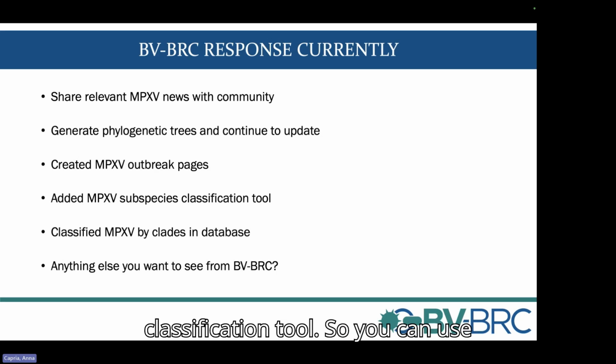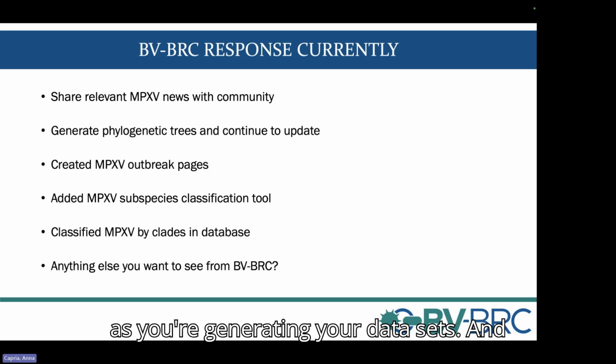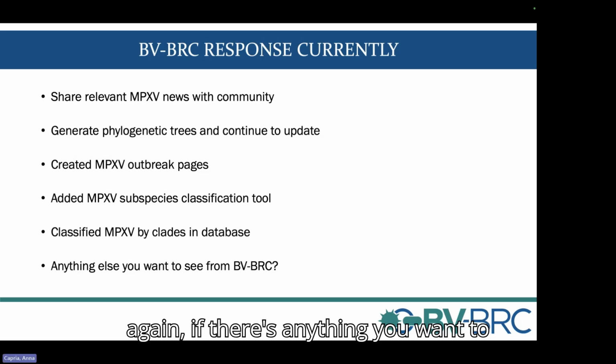So you can use that tool to analyze any sequence that you have to get that clade designation. And then we classified all of the data in the BV-BRC so you can discern that as you're generating your data sets.